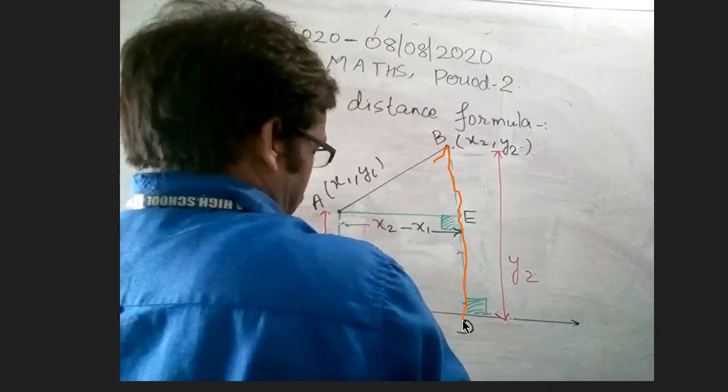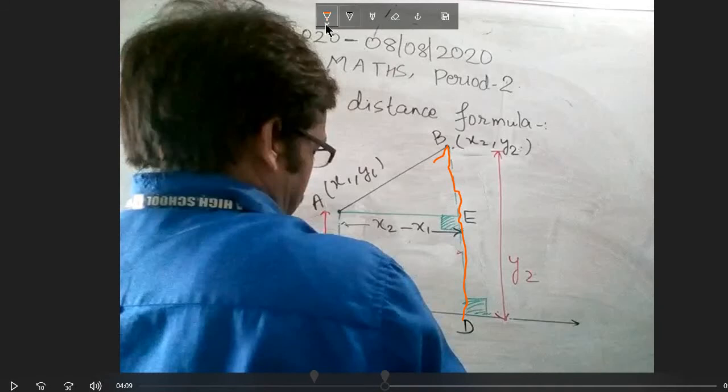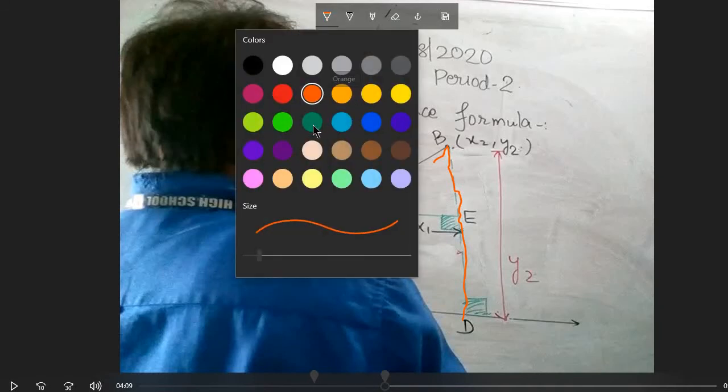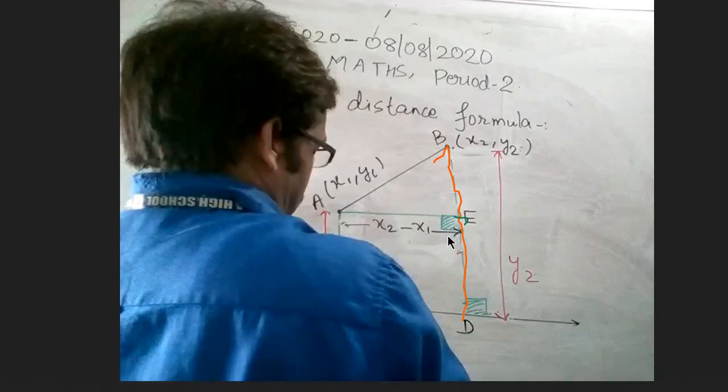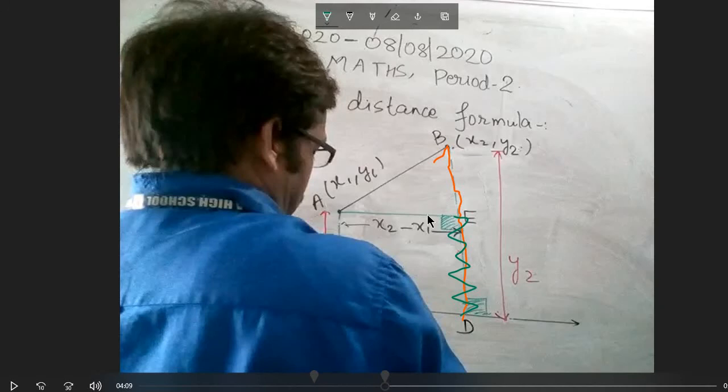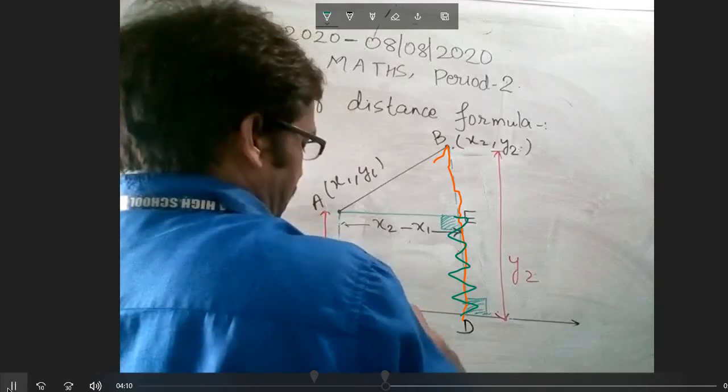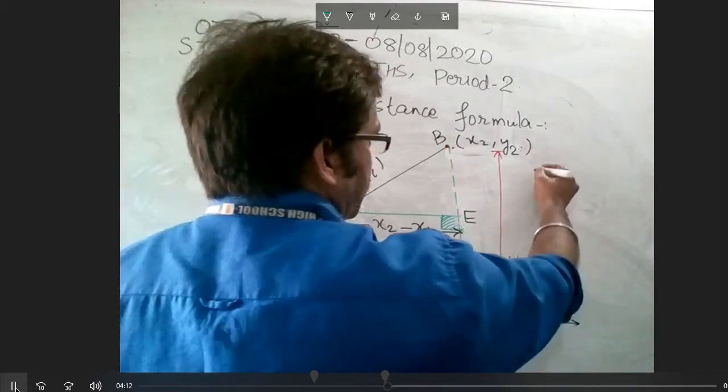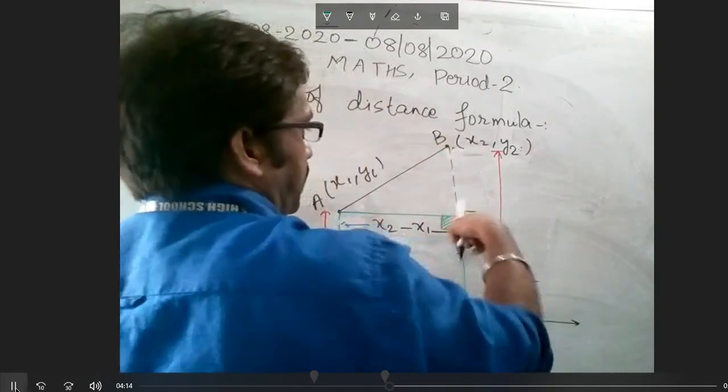From this line BD, if I subtract this portion, so that is equal to BE. From BD if I subtract ED, it is equal to BE, and ED is equal to AC. ED is equal to AC.